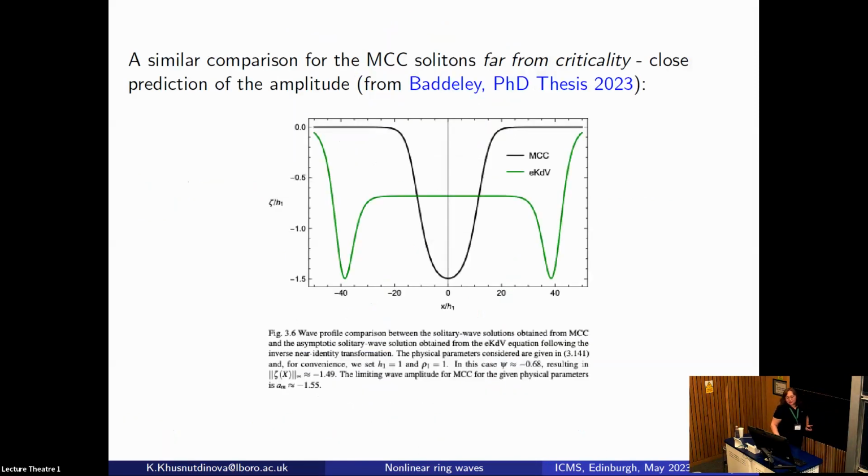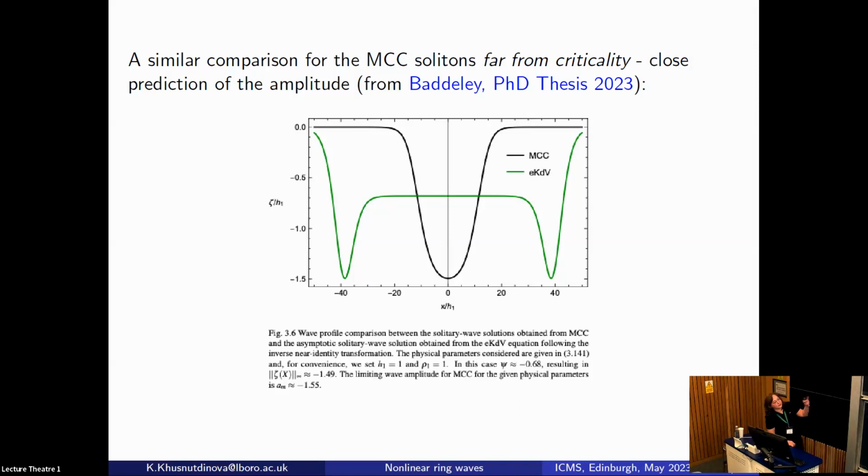So we tried to do a little bit of this in the context of internal waves. That was Ricardo's PhD student who has recently finished. Emilian was an external examiner. And he tried to look a little bit for solitary waves to do the same in the context of MCC.